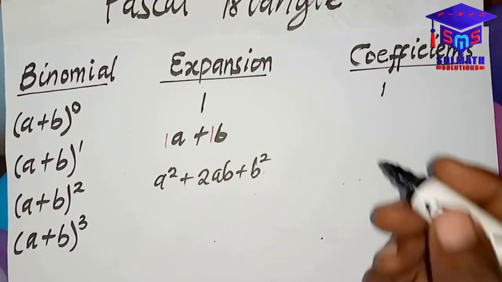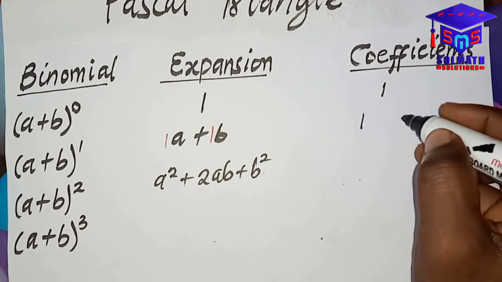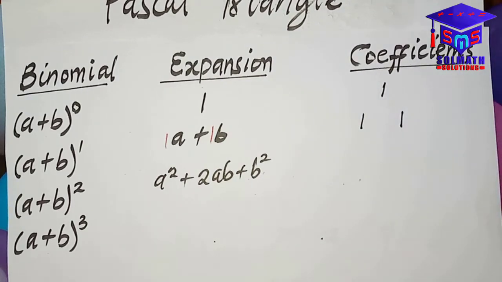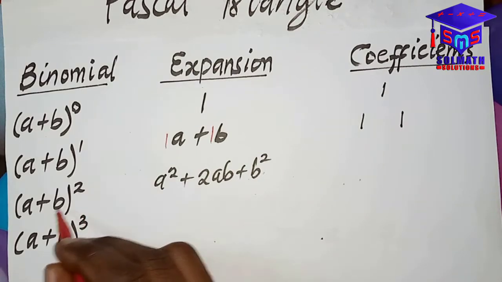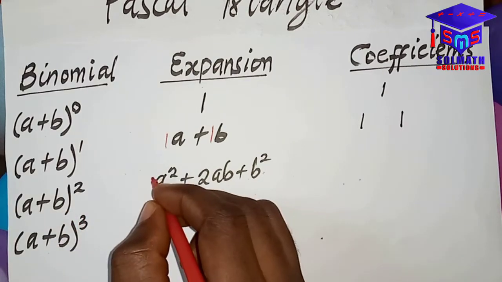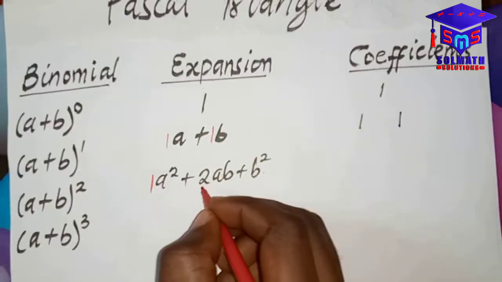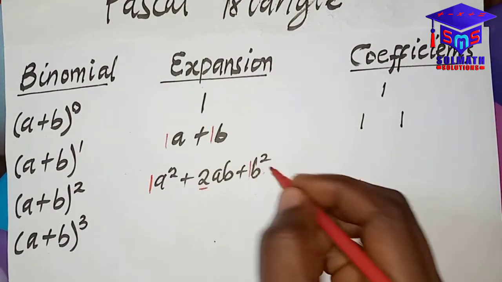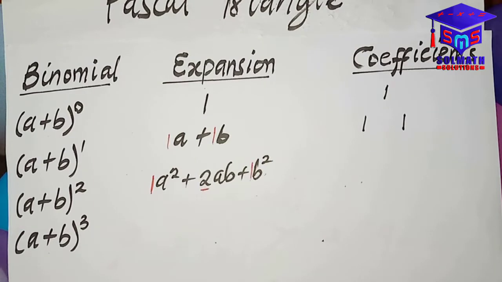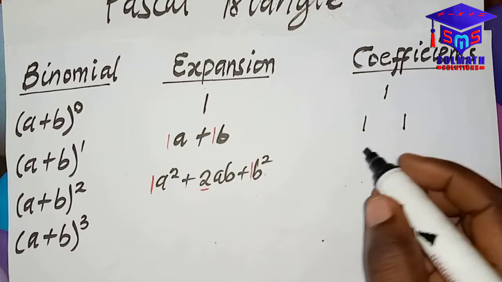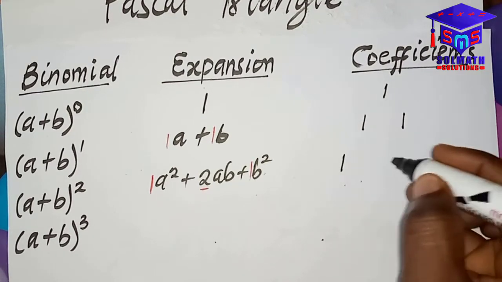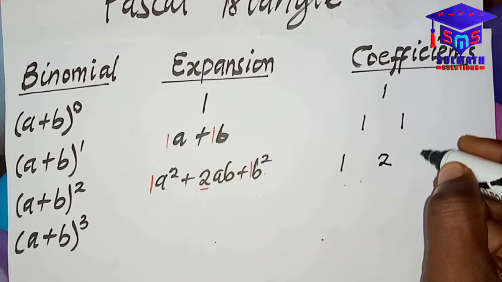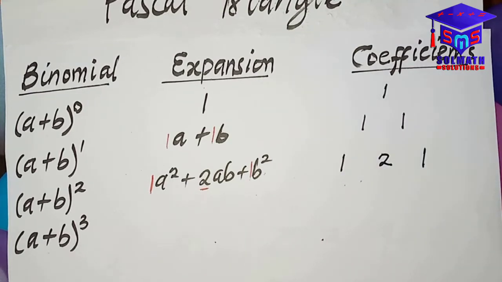So we have 1 and 1. Then when you come to the power 2, the coefficient of the first term is 1, as we know. The coefficient of the second term is 2, and the coefficient of the third term is 1. So we are going to have 1, 2, and 1 as the coefficients of the binomial to the power 2.